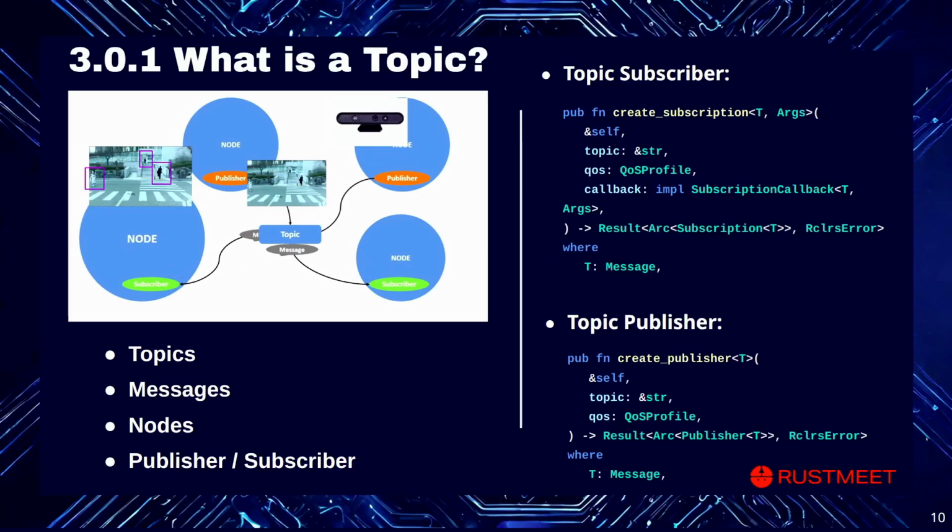So you've seen what the topics are, why we use topics, messages, and nodes, and how the publisher and subscriber work. In Rust, in the rclrs library, we have the capability to create a subscription.